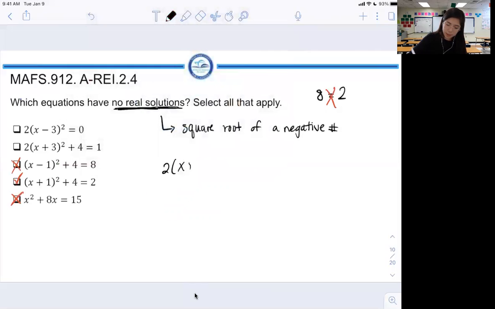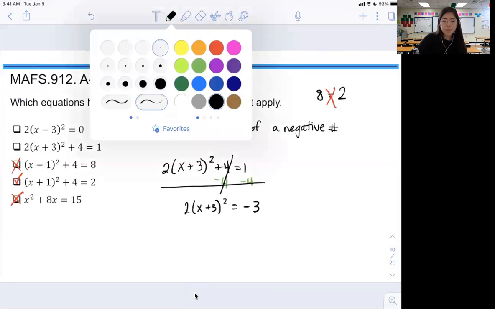2 times x plus 3 squared plus 4 equals 1. Trying to get x all by itself. What do I do first? Subtract 4. 1 minus 4 is negative 3. To get x by itself, what happens next?